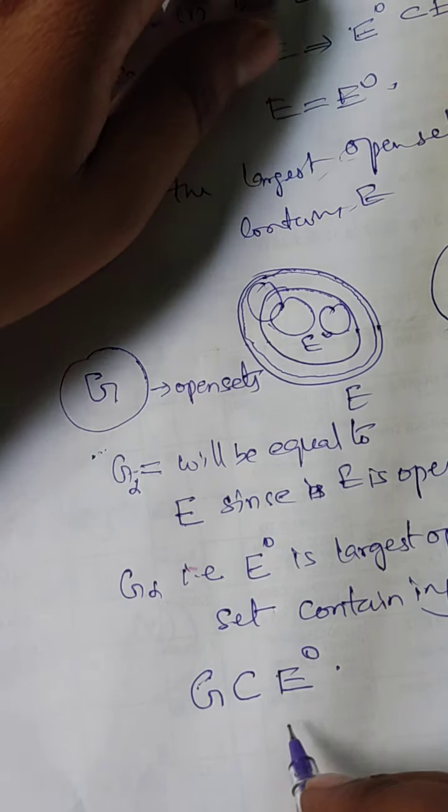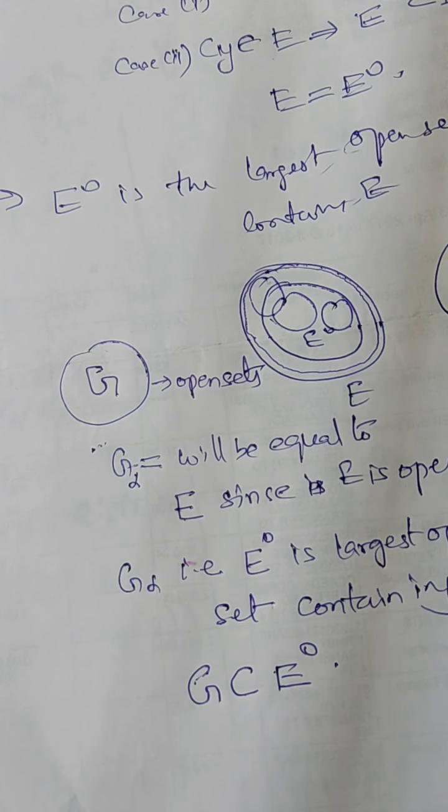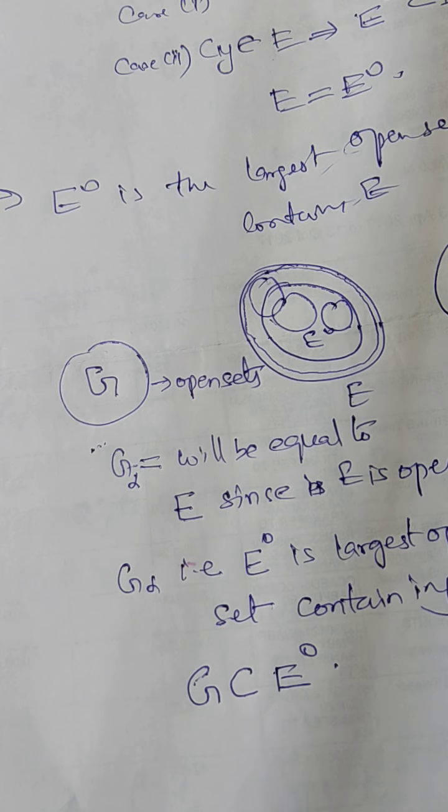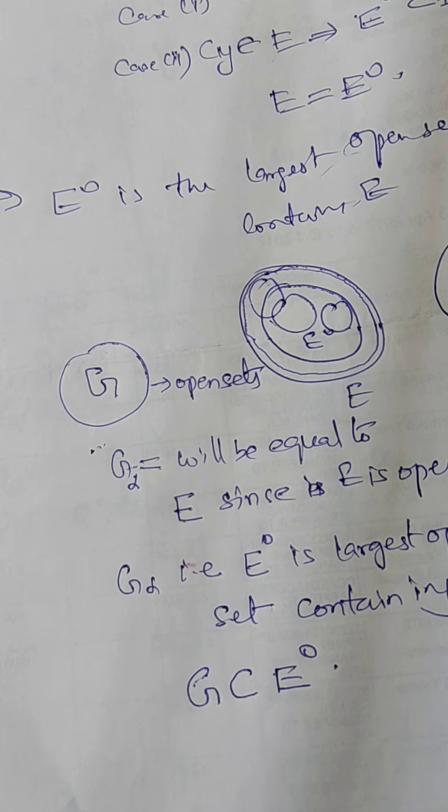So we can say that G is a subset of E interior, and since E interior is an open set, E interior is the largest open set.